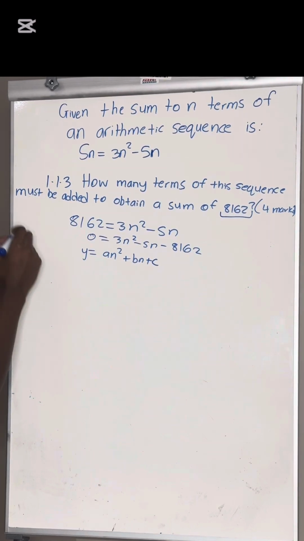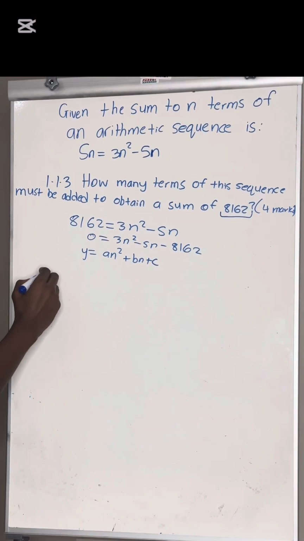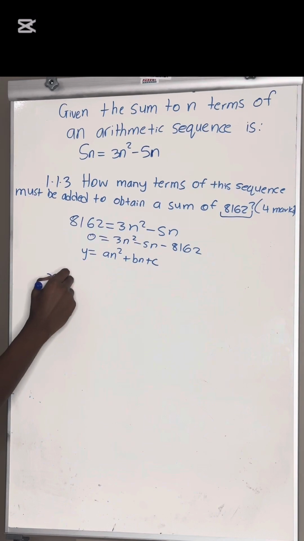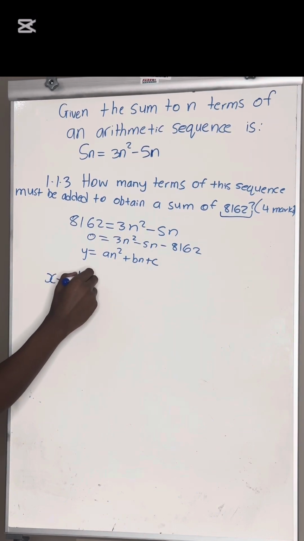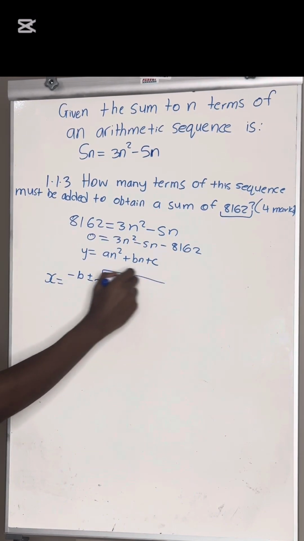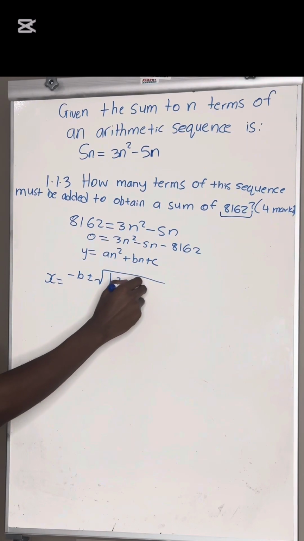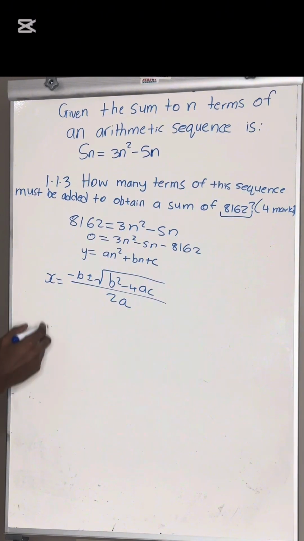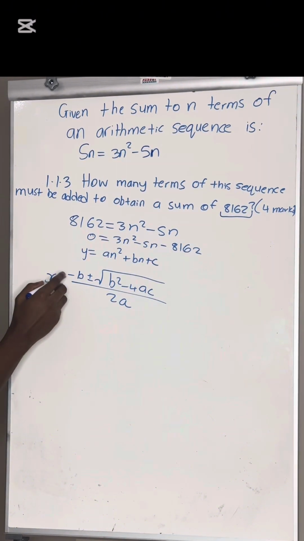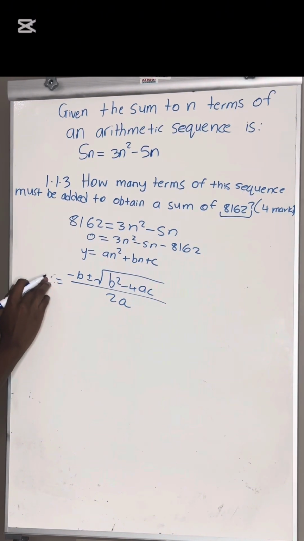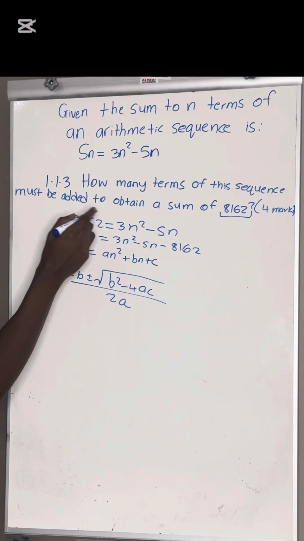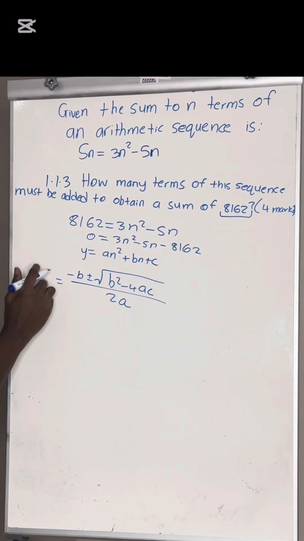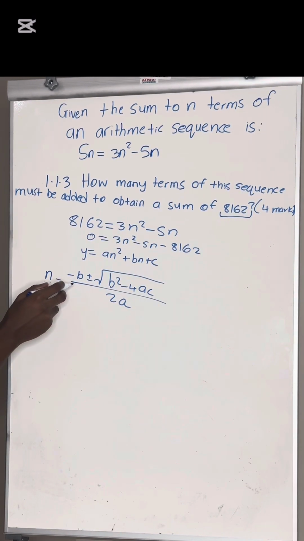Alright, and then we have something which we call our quadratic formula, which is normally x is equal to negative b plus minus the square root of b squared minus 4ac all over 2a. We're looking for x normally, but we're actually looking for n, because in this case we're dealing with n, which is the number of terms. So n is equal to negative b plus minus the square root of b squared minus 4ac all over 2a.